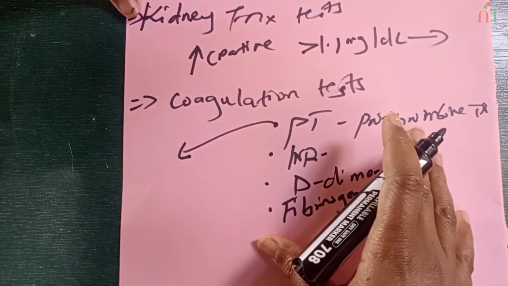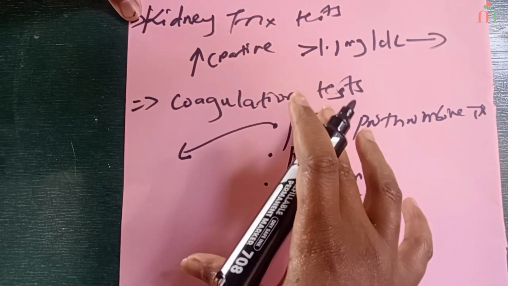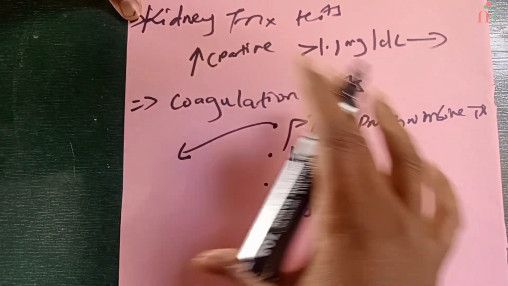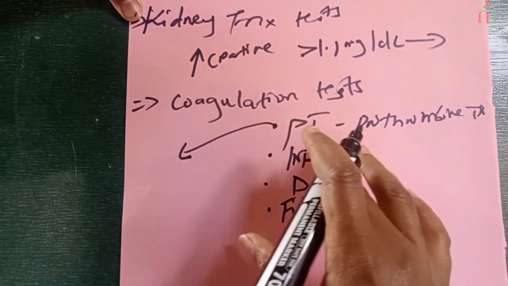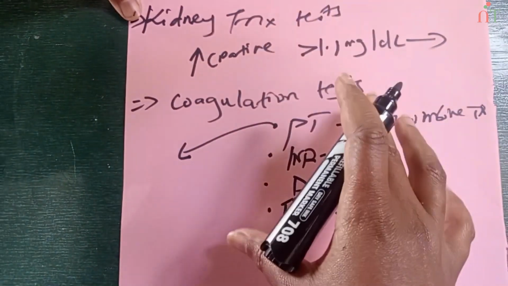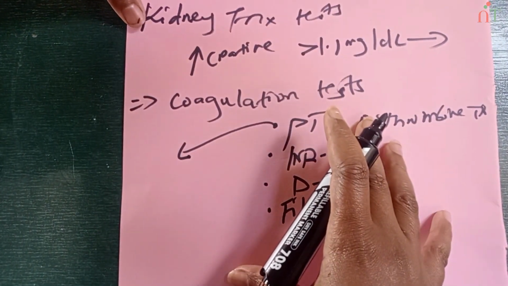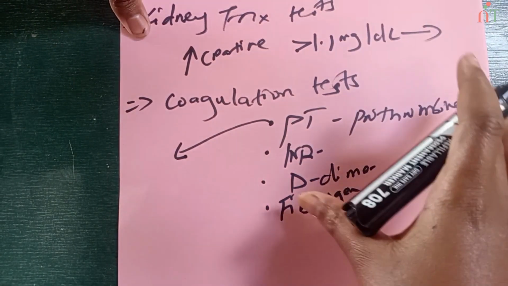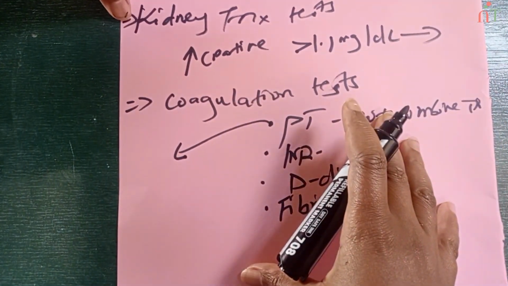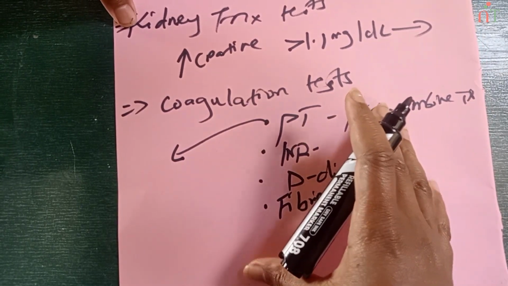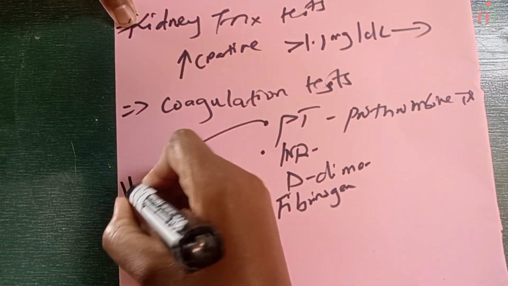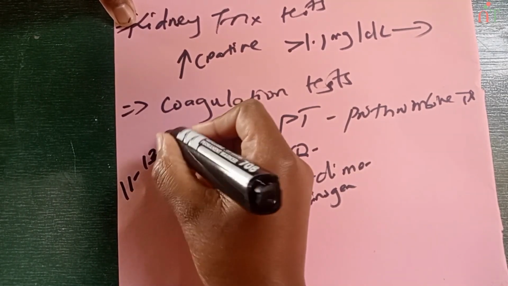In preeclampsia, the prothrombin time is prolonged, and that is a good indication of preeclampsia, especially in complications such as disseminated intravascular coagulation, that is the DIC. So the normal range for prothrombin time is 11 to 13.5 seconds.